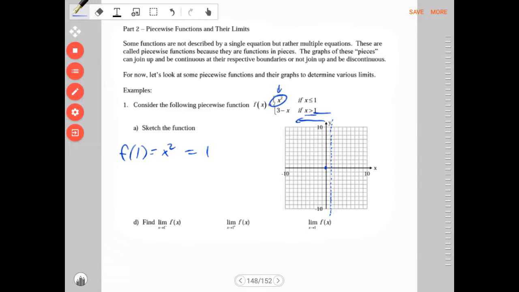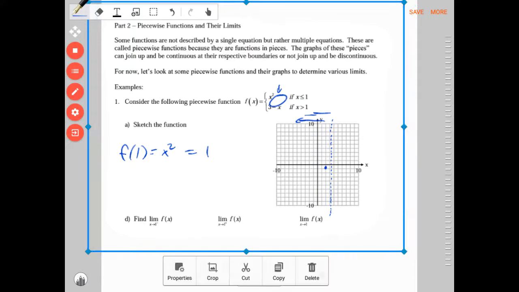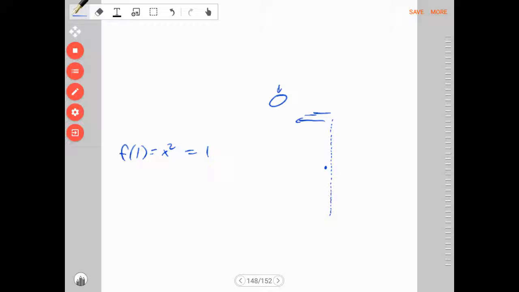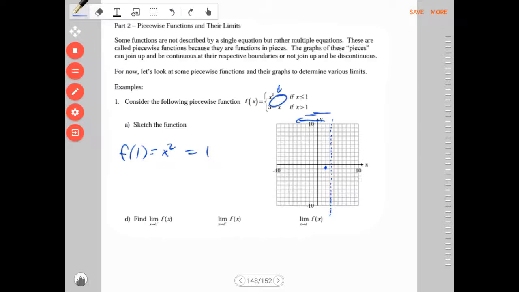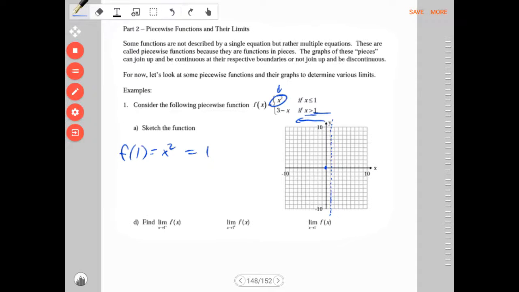So a parabola looks like this, more or less. The important part is the boundary, and at the boundary we are allowed to equal 1, so we have a closed dot on the 1.